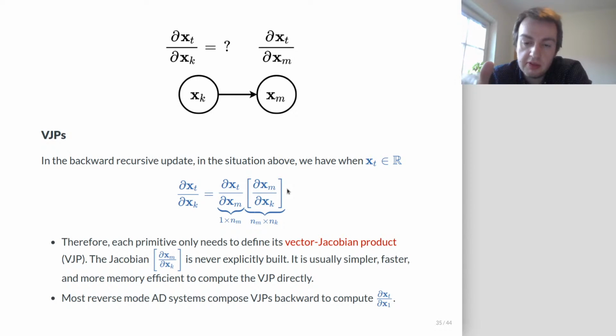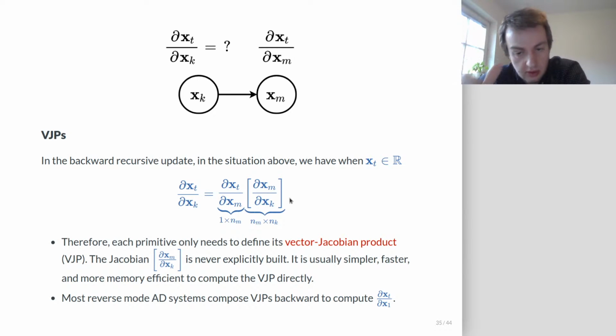In terms of implementation, what usually happens is that the primitive will not explicitly build the Jacobian that appears in the product, but will directly compute the vector Jacobian product. That's usually simpler, faster, and also more memory efficient.